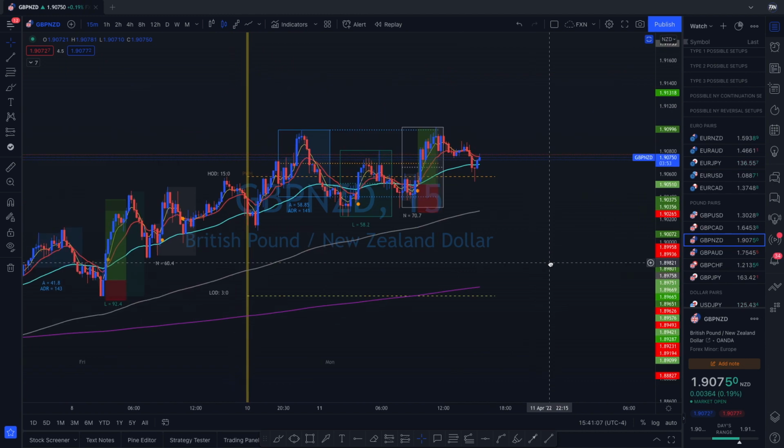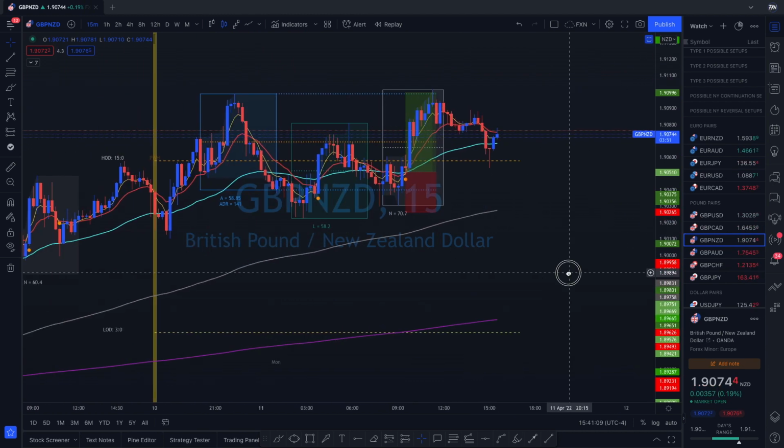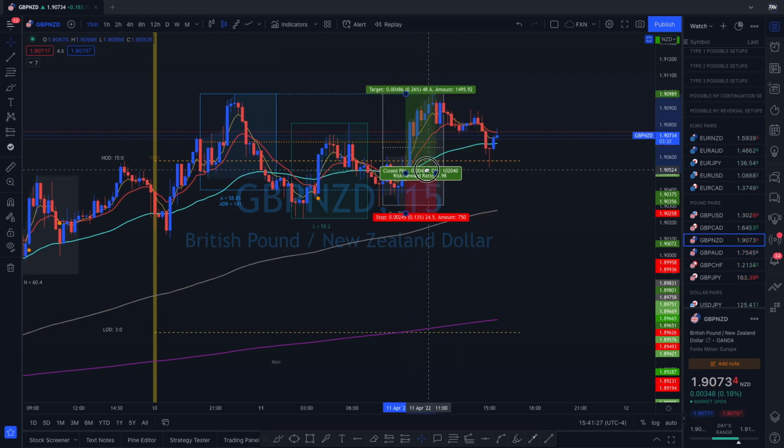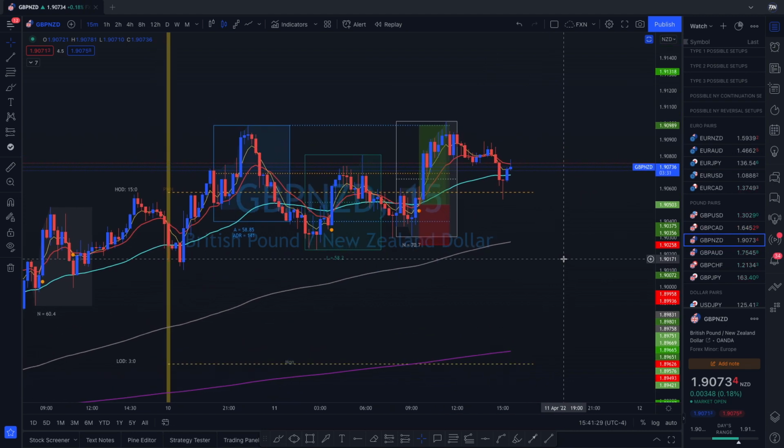On this trade today that I took on pound NZD, we're looking at this as a multi-session type 2 trade. And here's the first leg comes down to the second leg. You have the entry point, which is a star pattern here on the second leg, and the entry is on the next red candle here, which is a pullback candle.